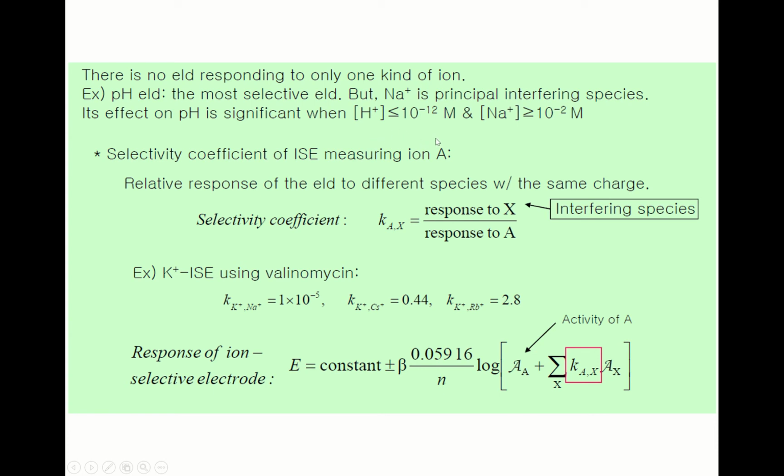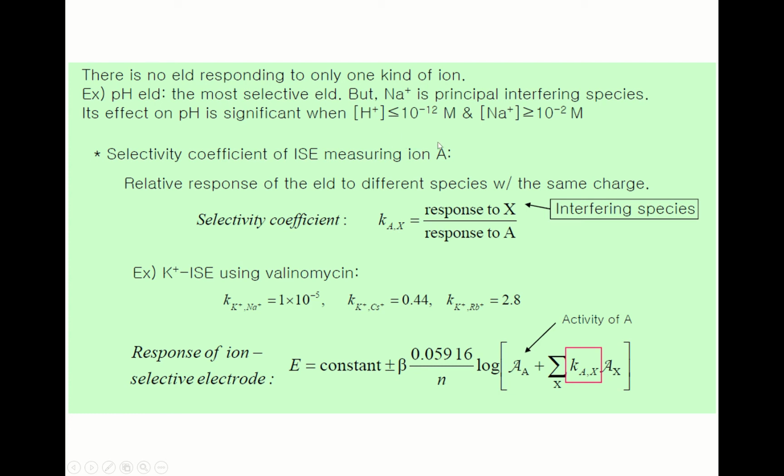But as I mentioned, at higher pH the glass membrane of course responds to protons, but it also responds to sodium ions, when the proton concentration is too low. The glass membrane may respond to other ions, so you have to consider how the sodium ions affect pH measurement.